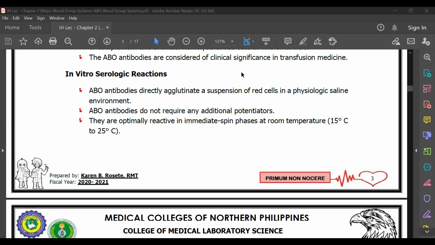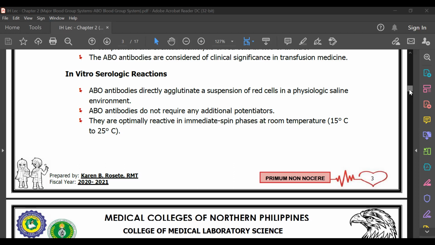So in here, your IgM detection is easily facilitated, even in a physiologic saline environment. Yung sinabi ni Ria, that is the exact answer for question number 1 in your IH lab exam.